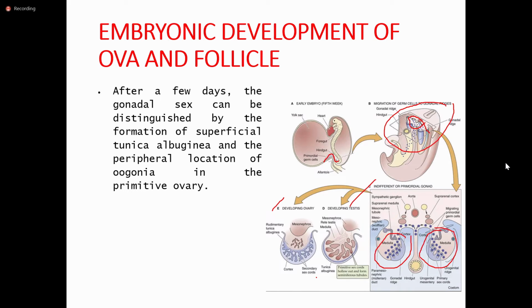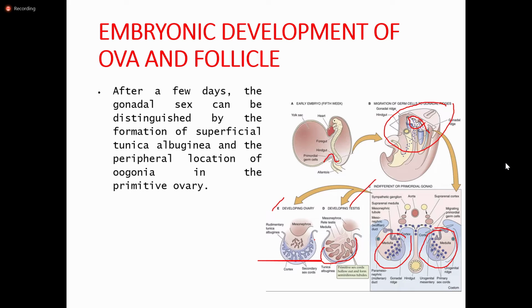Kapag developing testis yan, ma-incorporate na kaagad dito sa primary sex cord na nagiging future seminiferous tubules. So that's why the site of spermatogenesis or creation of the sperm cell ay nangyayari yan kay seminiferous tubules.